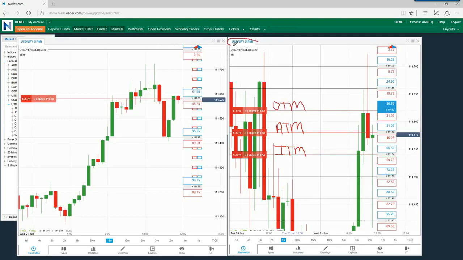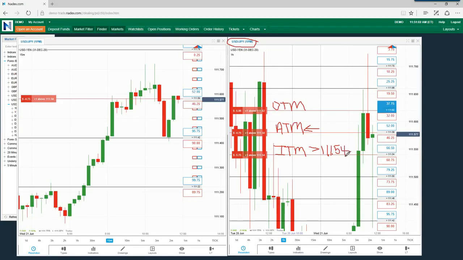Now, you have until 1 p.m. expiration. Now, in order for this one to make money, price has to get above 58. Okay? Now, this one will make money as long as it stays greater than 111.54. That's your strike price.